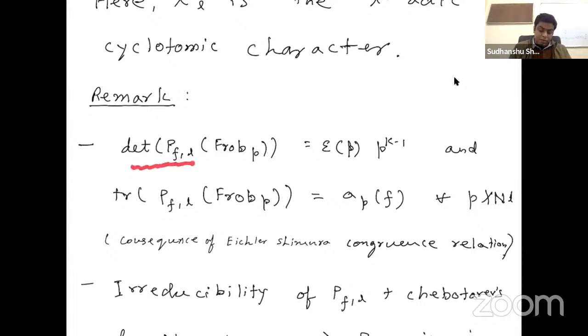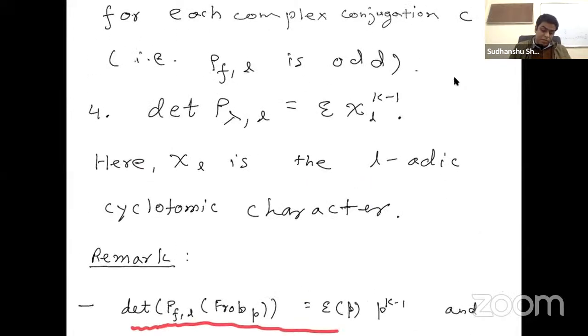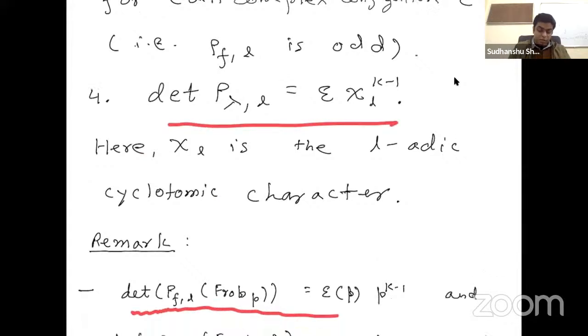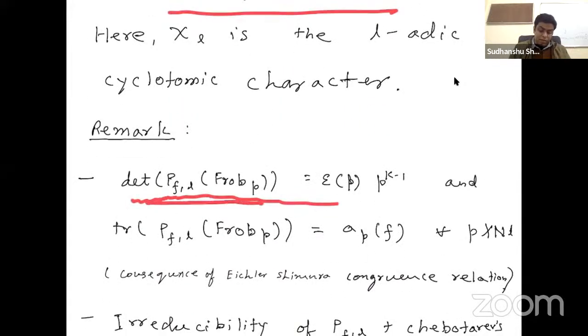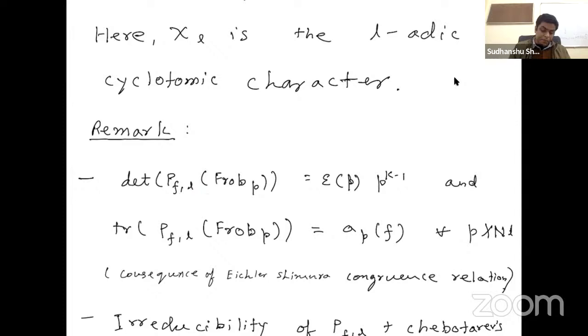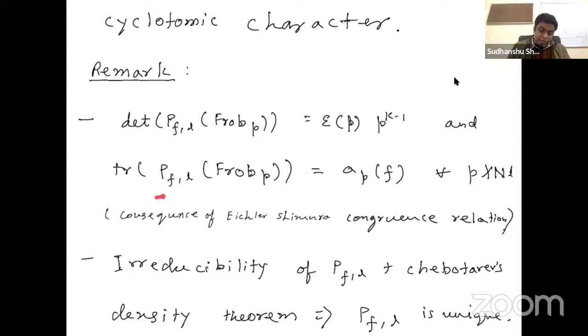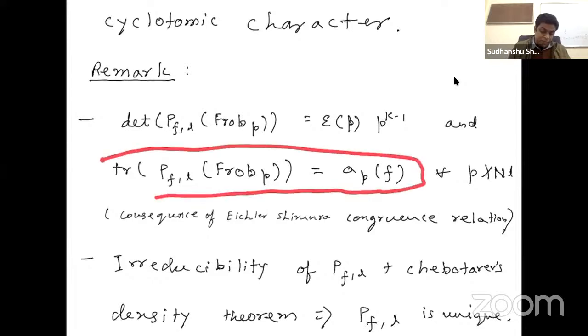You can say that the determinant of the image of Frobenius is epsilon evaluated at P times P to the power k minus 1, and the trace is equal to a_P of f.